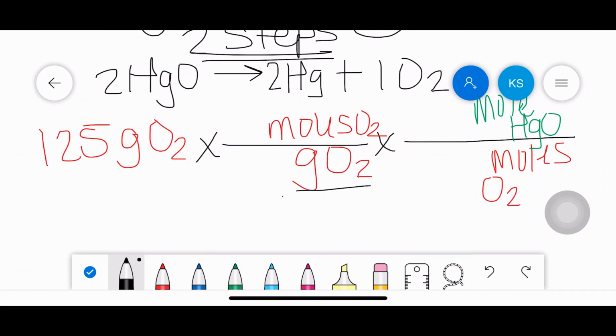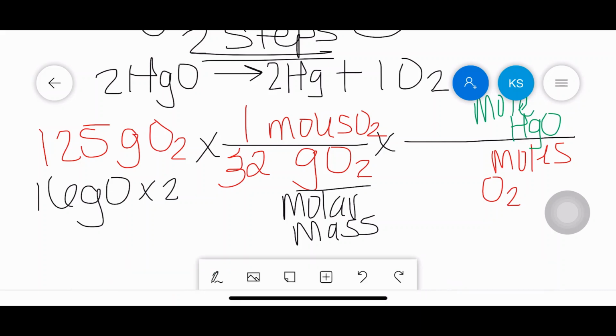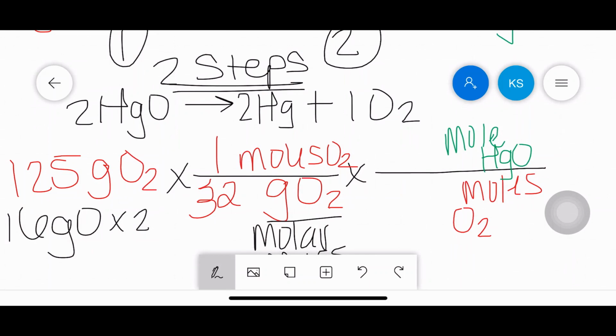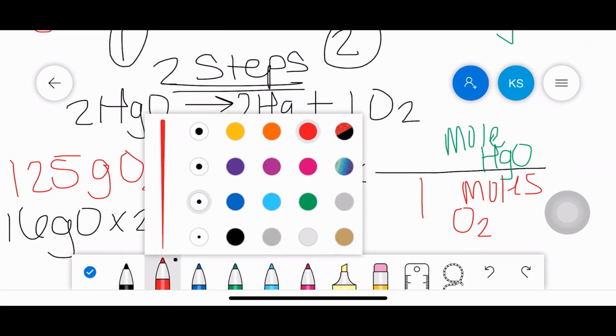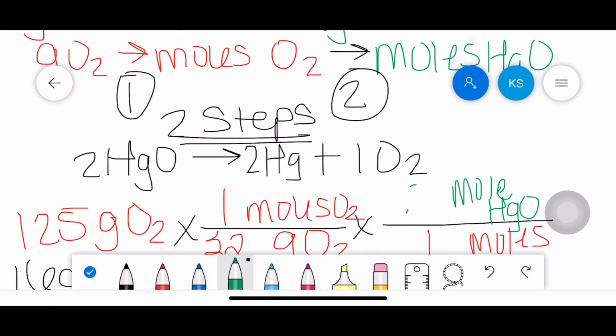So you see that we have a moles of mercury 2 oxide and grams of oxygen. So we have 2 different units, grams and moles, and 2 different elements. So we know we're going from grams of oxygen to moles of mercury 2 oxide.